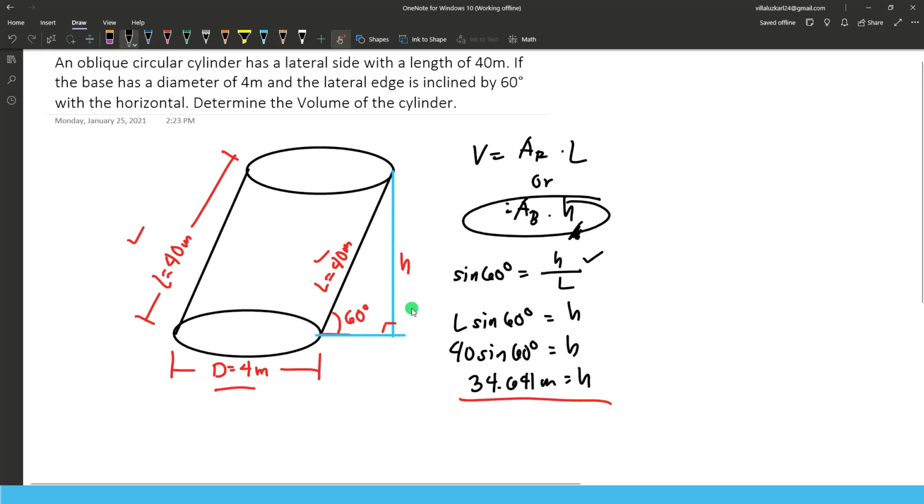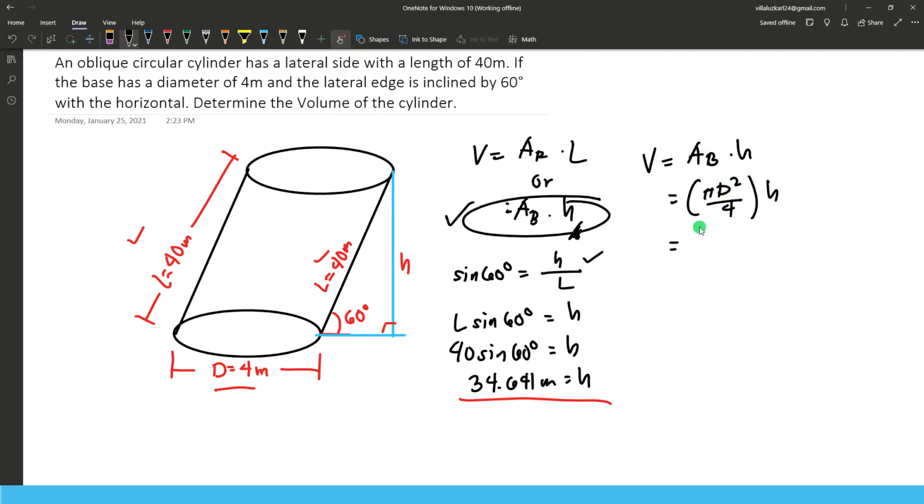Then, for the volume, you can now compute it using this formula: area of the base times height. The area of the base is just the area of the circle. Given the diameter, you can use pi d squared over 4, multiplied by h.